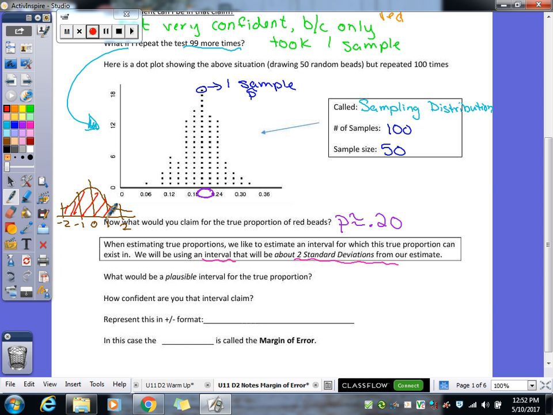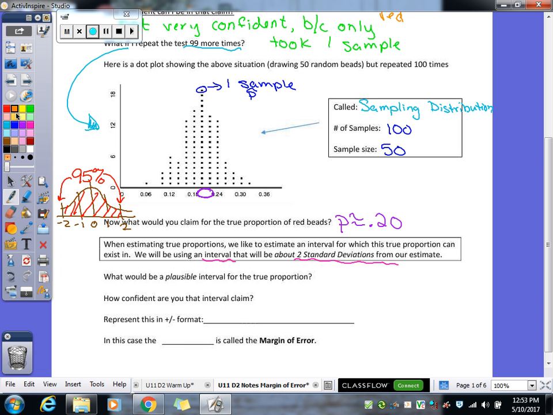Does anybody remember what percent is in between 2 below and 2 above? 95% of our data is in between 2 standard deviations below and 2 standard deviations above. So to get the interval, we go 2 standard deviations below and 2 above, and that gives us a 95% chance of getting the actual proportion within there.